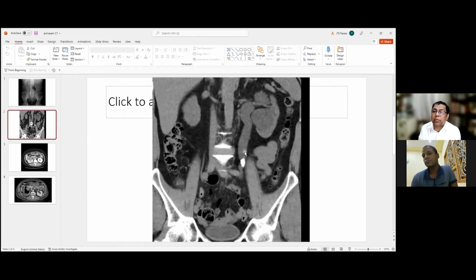So I was expecting you to be more conservative in putting a PCN and then draining the kidney and seeing. I mean, there may be pus, as you know, that chronic pyonephrosis, there may not be any fever or anything. So we don't know what it is.